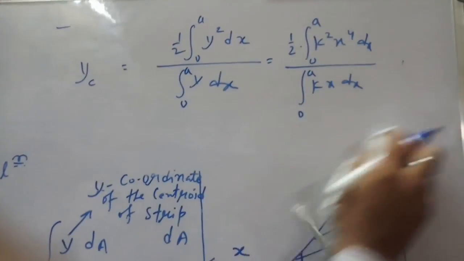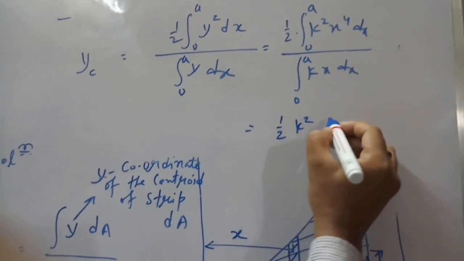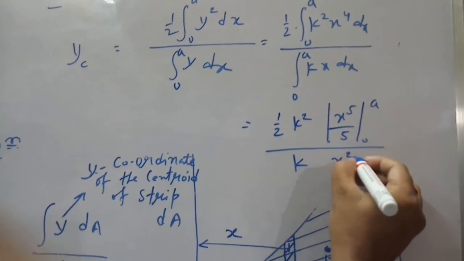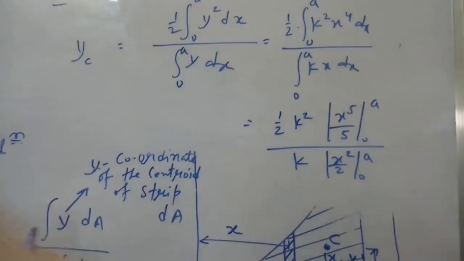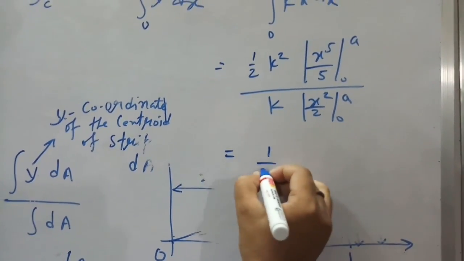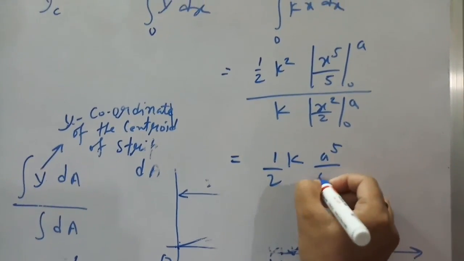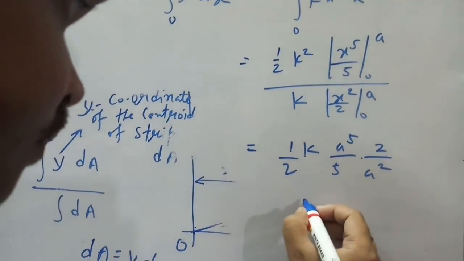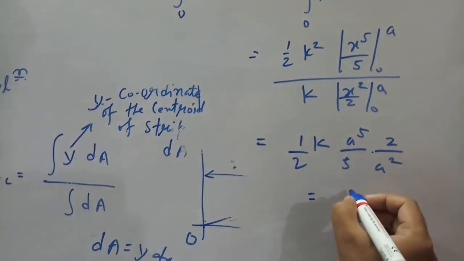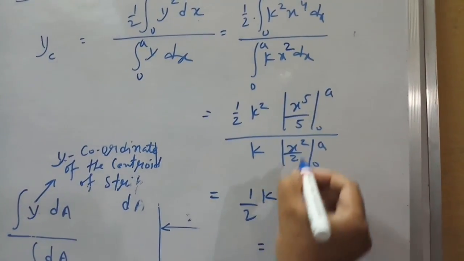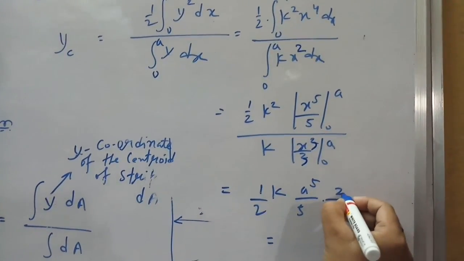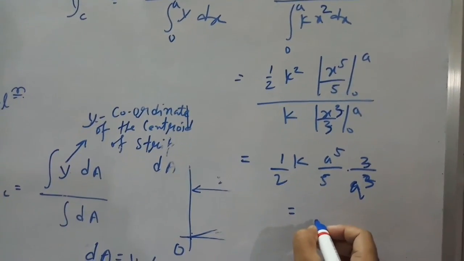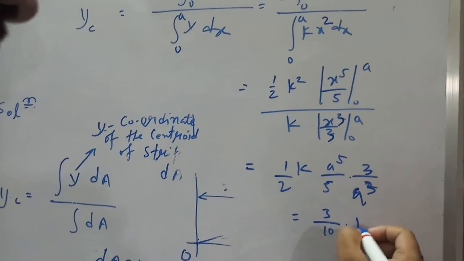So this will be equal to half k square x to the power 5 by 5 from 0 to a, by k x cube by 3 from 0 to a, which equals half k a to the power 5 by 5 times 3 by a cube, therefore 3 by 10 k a square.